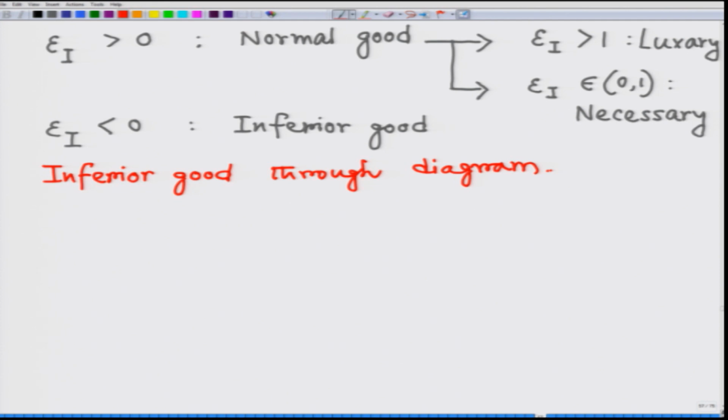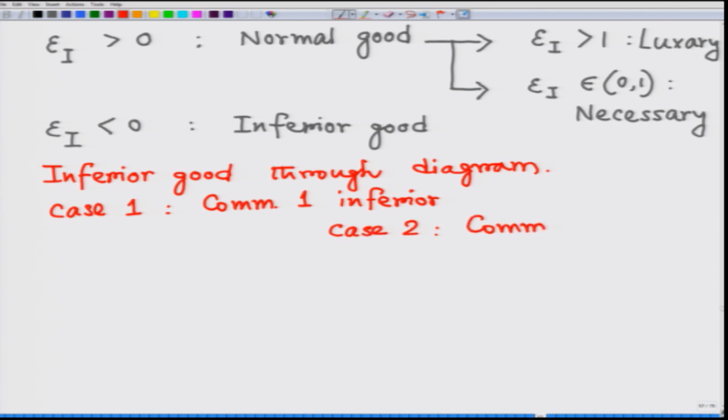There can be two different cases, of course. Commodity 1 can be inferior, or there can be a case 2 where the commodity 2 is inferior.